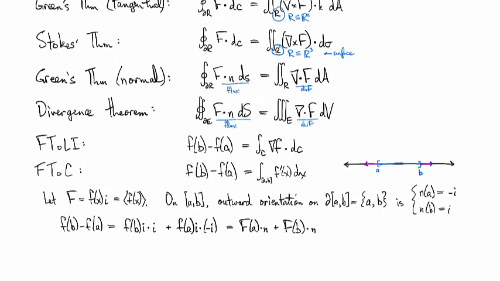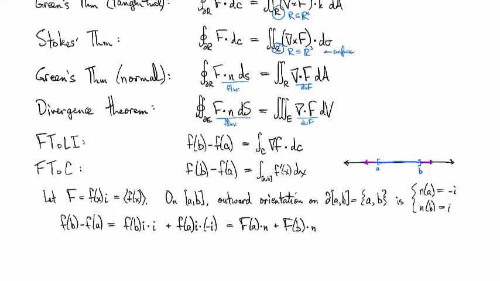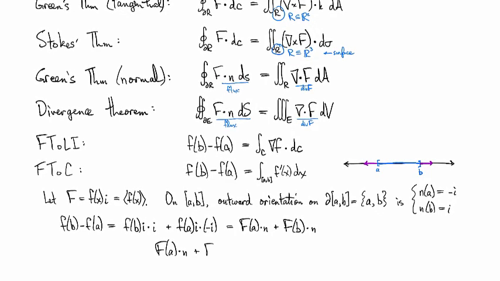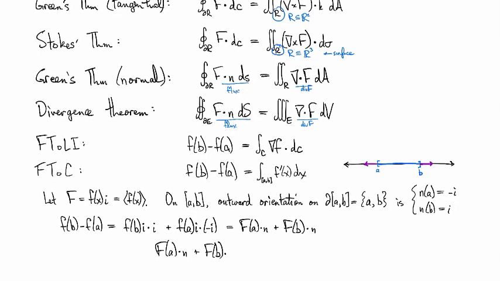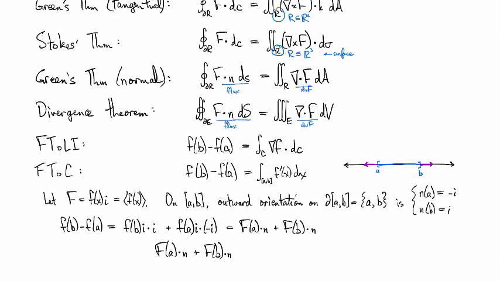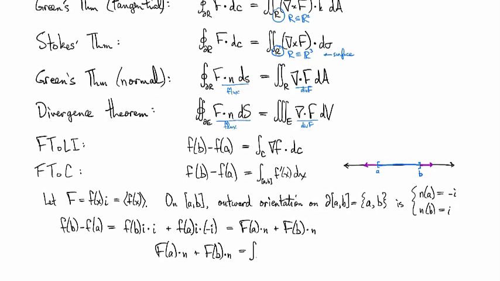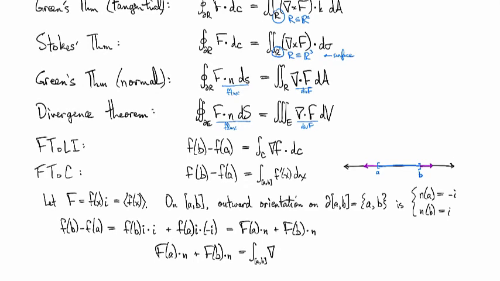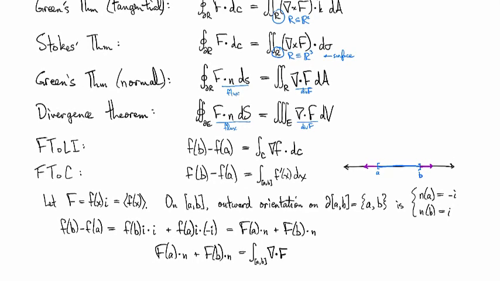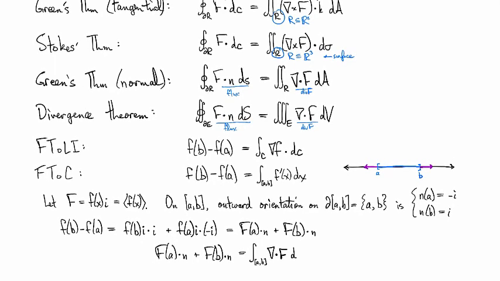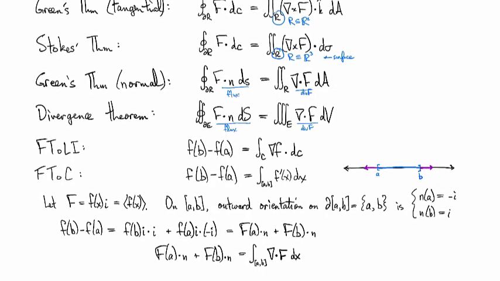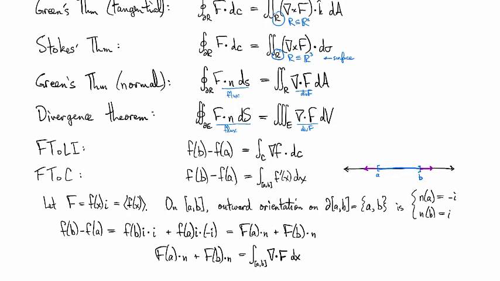The moral of the story is that I can add to this list F(a) dot n plus F(b) dot n, and that's equal to the integral over the interval from a to b of the divergence of this one-dimensional vector field with respect to x, which is our length element. I could use dx or ds. They coincide in this simple case.